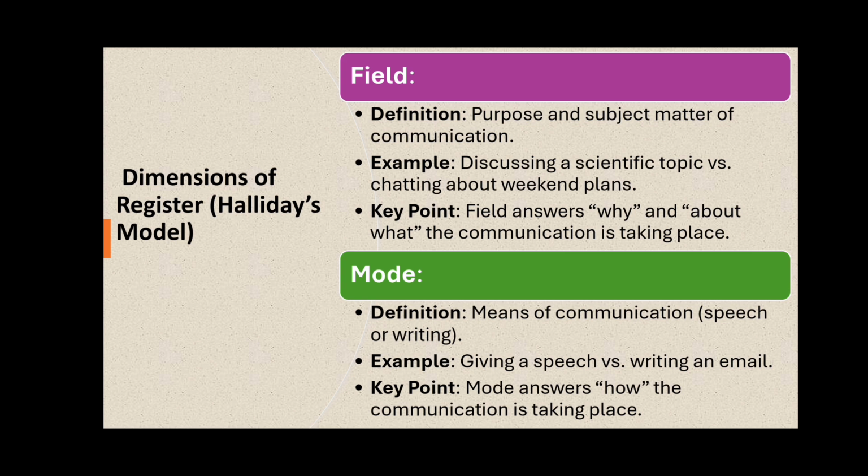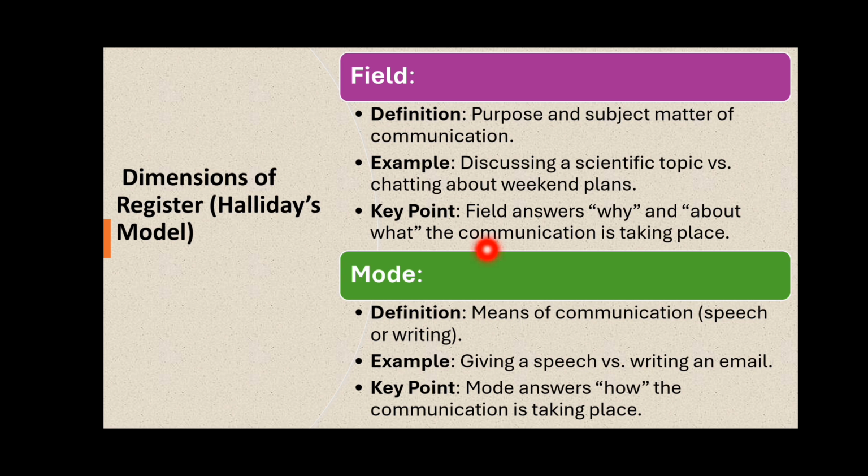This refers to field. For example, discussing a scientific topic versus chatting about weekend plans. If you are chatting about weekend plans, you might use one variety of language, of the same language. And if you are discussing a scientific topic, you will use another variety of the same language.